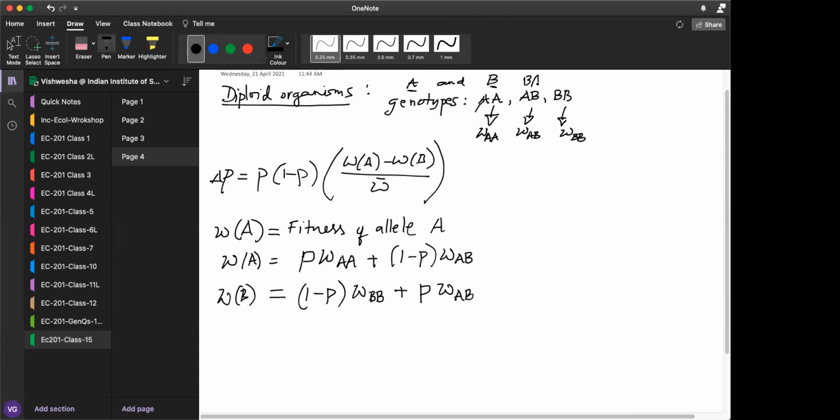They can occur in 2 ways, AB or BA. So I had effectively taken care of that by not writing 2 times here. If I had not taken care of it, I would have written 2 here. You're right, only half of them contribute to allele A. It's basically half, but there's actually a 2 here also. They get cancelled. It's a good point. Sorry, I didn't explain that.